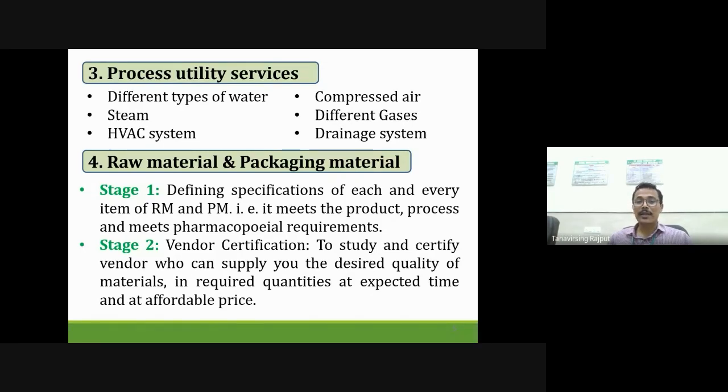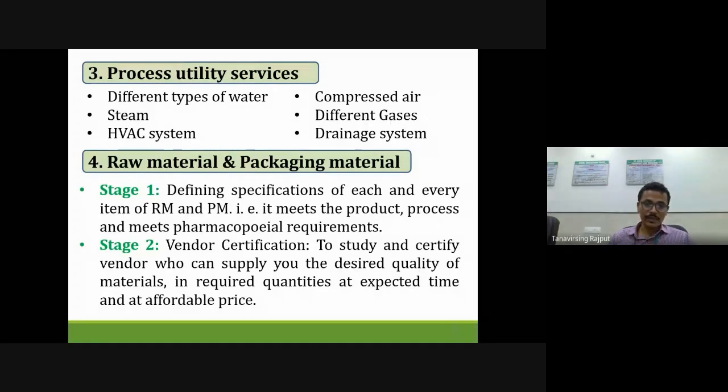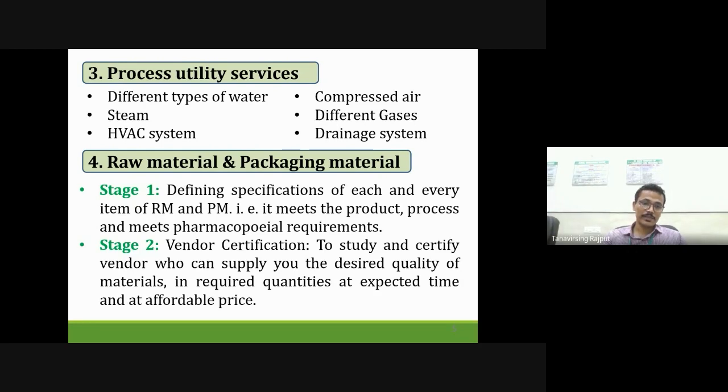Second, required quantity, it must fulfill all the requirements of the manufacturer. Third, expected time, so the delivery time is within the expected time and at an affordable price. If the vendor gives the material at an affordable rate, that vendor is approved, and purchasing of raw material and packaging material is only through approved vendors.